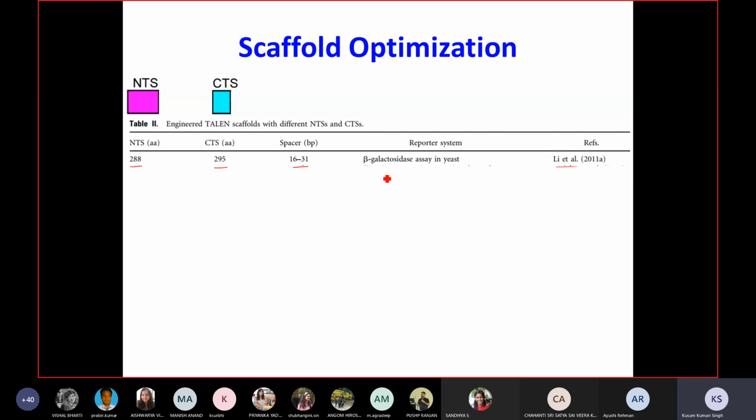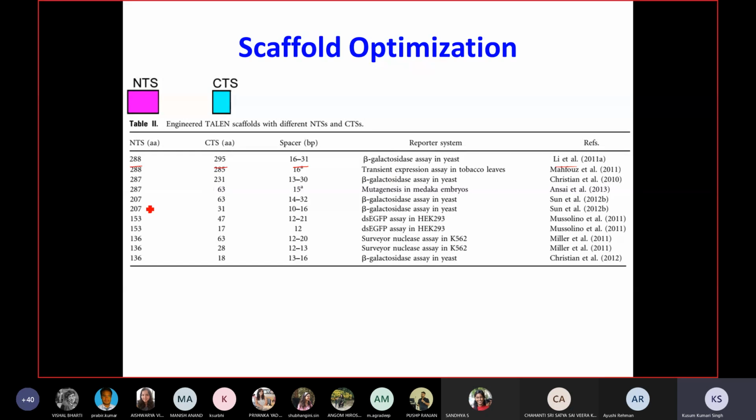Further down, a lot of experiments were done where they wanted to check N-terminus deletion or C-terminus deletion, and even smaller spacers. The idea in engineering is to develop a very small molecule.